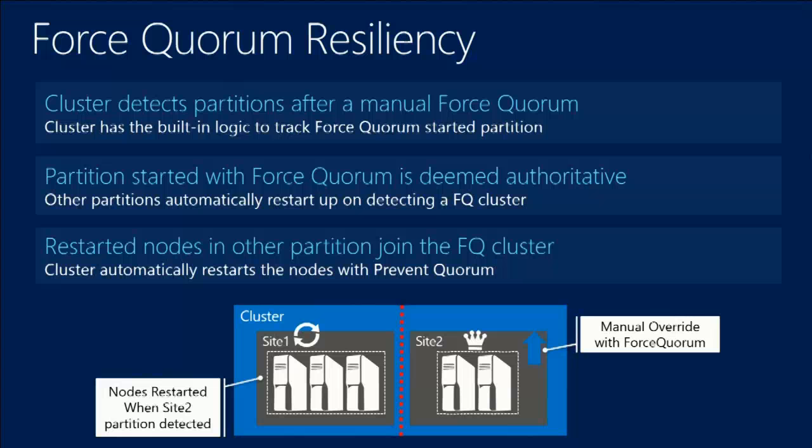But let's say there was a site power outage and my primary site went down. As part of the recovery steps, I force started the cluster on my site 2. It's up and running, it's all golden, but the power comes back up on the primary site. In that case, the primary site doesn't know about the force started instance. It has enough votes, it forms a cluster, it has quorum, it starts hosting applications.